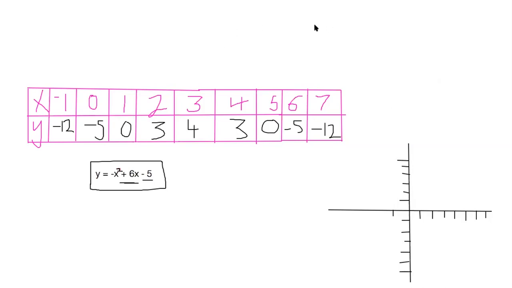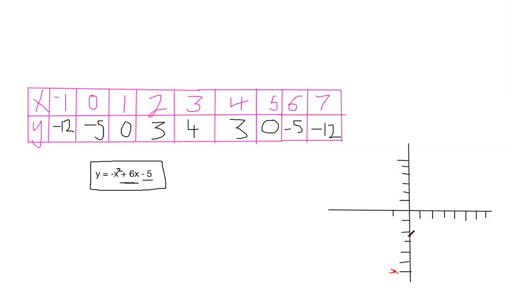And here we go. So when y equals -12, 2, 4, 6, 8, 10, 12, it equals 1. So there's my point. Then 5, 2, 4, 5.